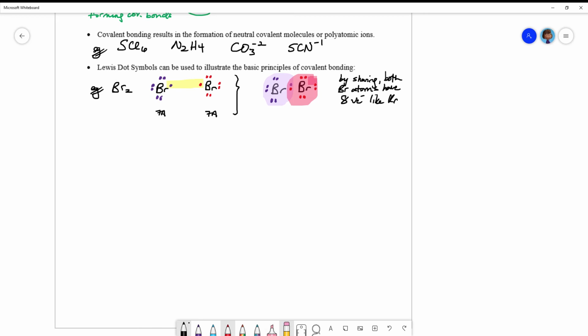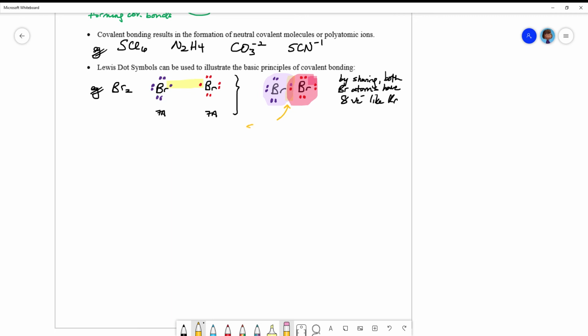Now, we have special names for the electrons that are participating in the formation of that covalent bond. The formation of that covalent bond comes about as a result of the shared pair in between the two atoms. So let's just make a word about this shared pair.